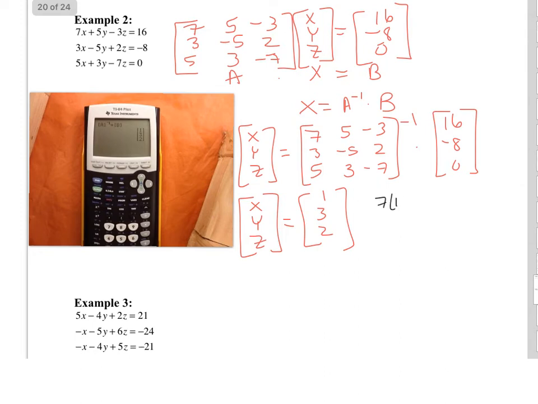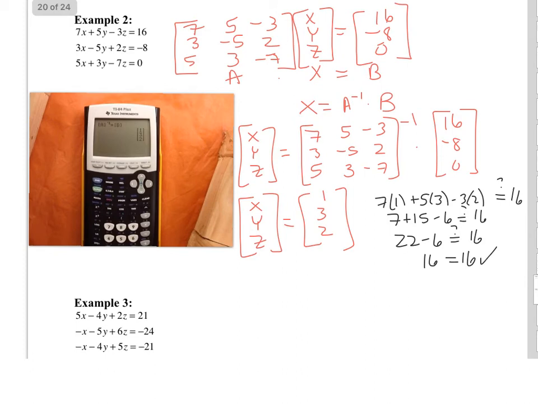So 7 times 1 plus 5 times 3 minus 3 times 2. Does that give us 16? Yep. That one checks, so we check the second equation.